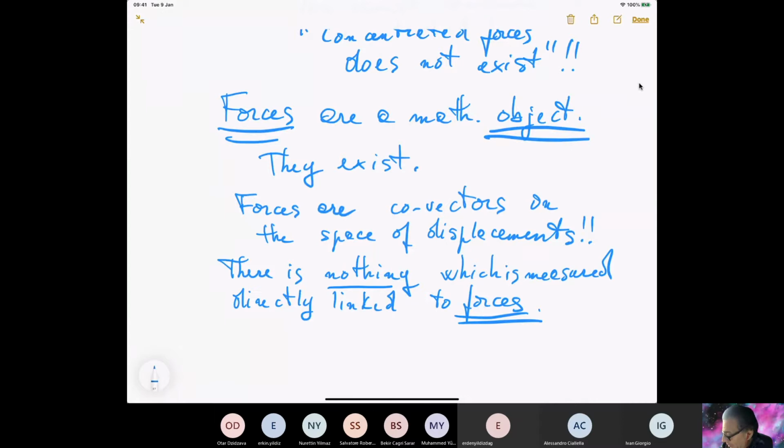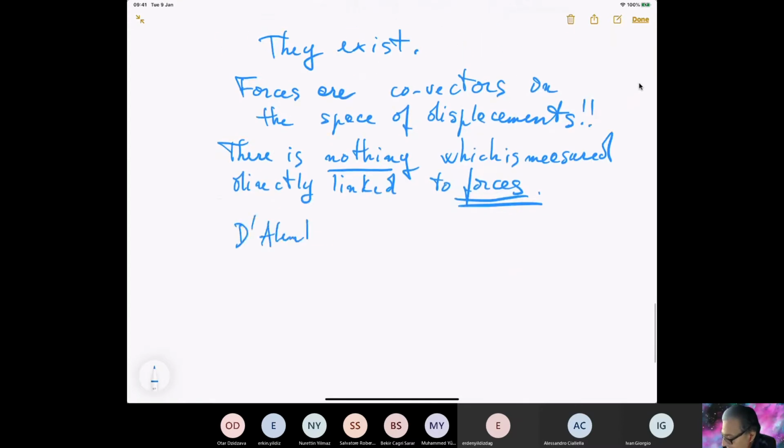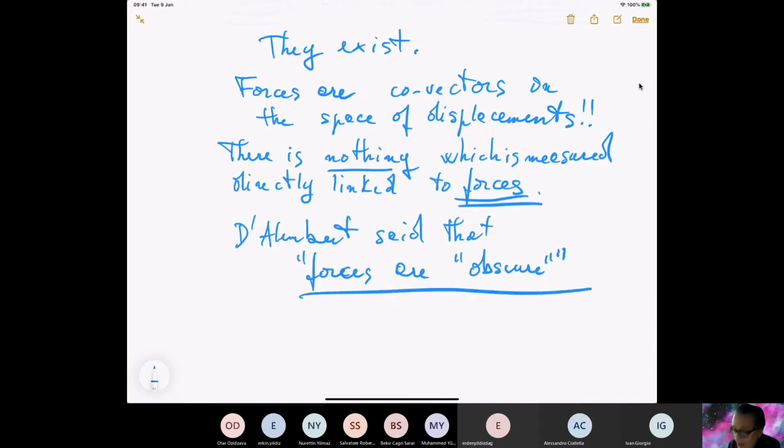D'Alembert said that forces are obscure. Nobody understands really what is a force.